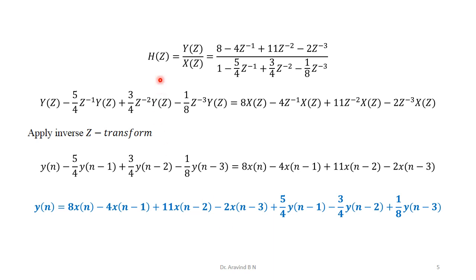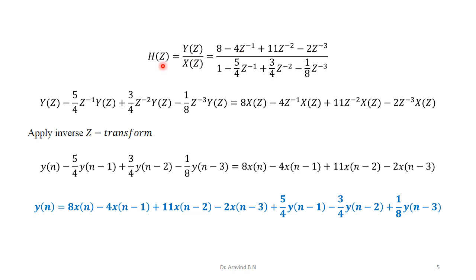Now, taking it to further simplification, we have obtained H of z with negative powers of z on its right hand side. So we must obtain y of n, that is the aim. Once we obtain y of n, then only we can draw the direct form 1 realization.